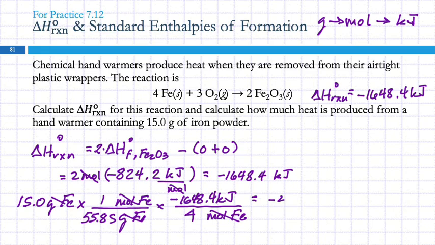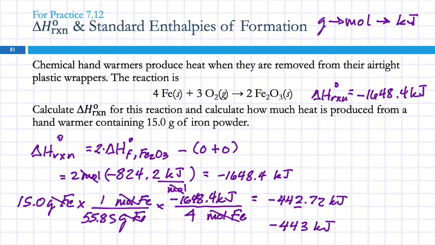So negative 442.72, blah, blah, blah. Here, the starting mass is only 3 sig figs. So that's going to limit this to 3 sig figs, 443 kilojoules. Now, this is the number that we get when we do the calculation.